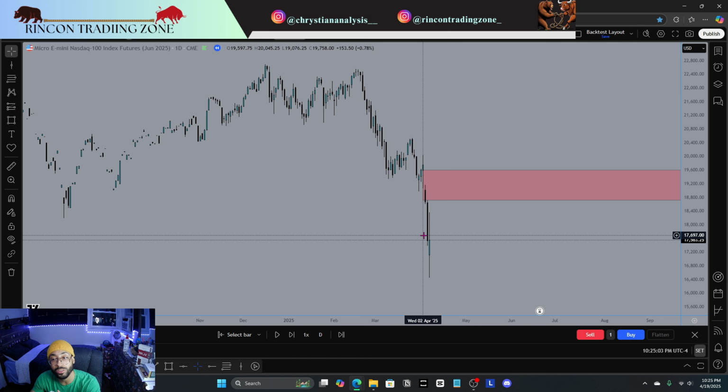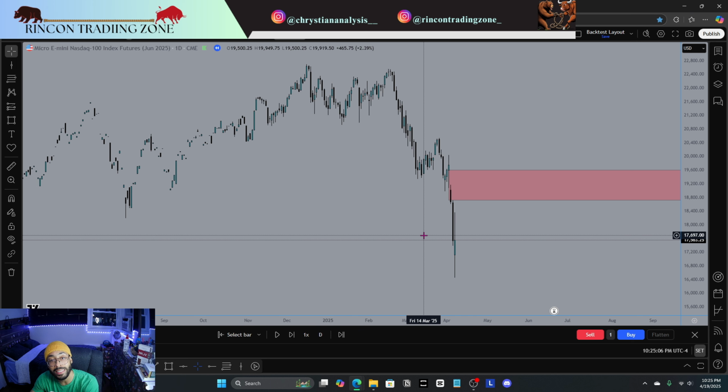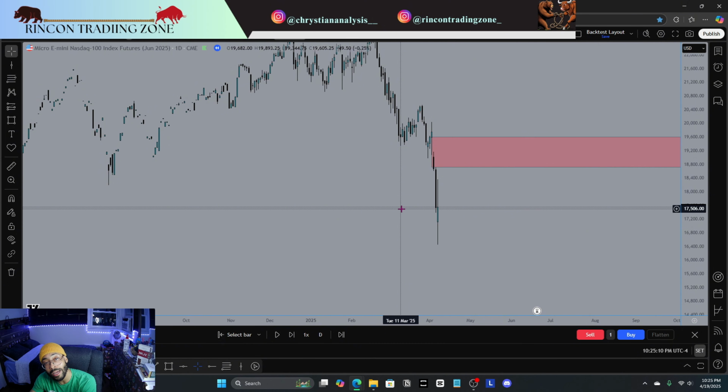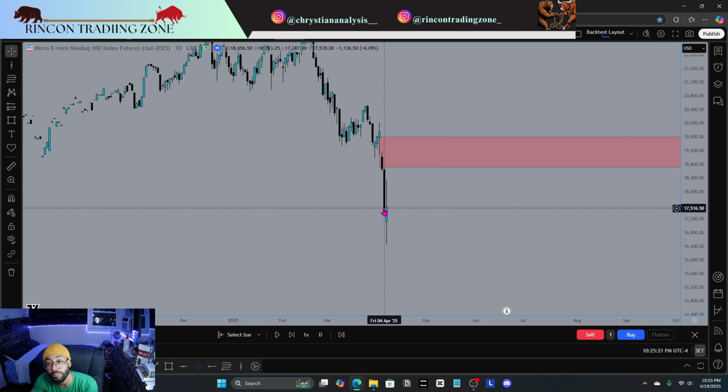I did mention how going lower, I needed to see price either gap into discount, like a nice big gap, to at least expand into discount to then come back up. But my primary objective was to see price basically retrace into this Friday the 4th daily candle, because overall we had this as a point of entry and we had a weekly objective.